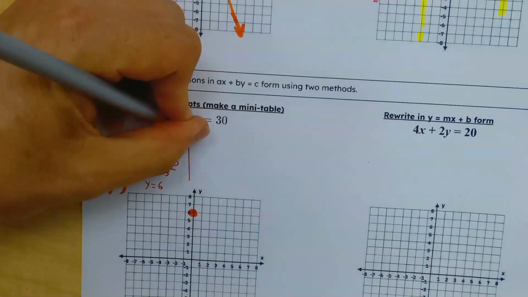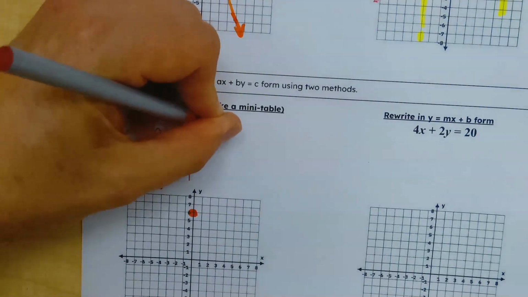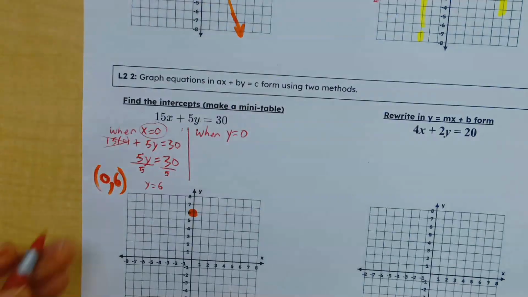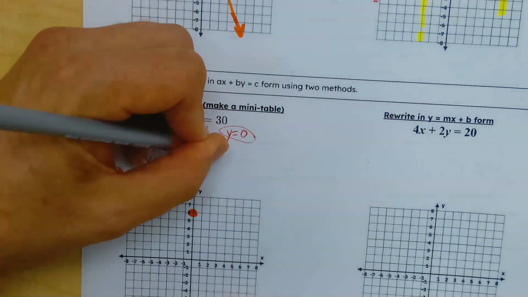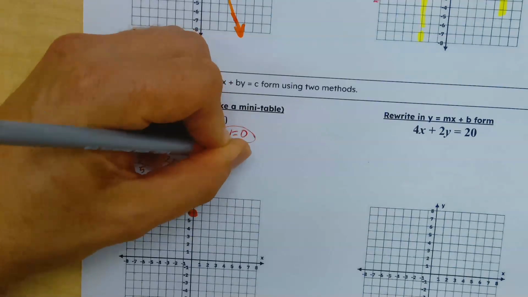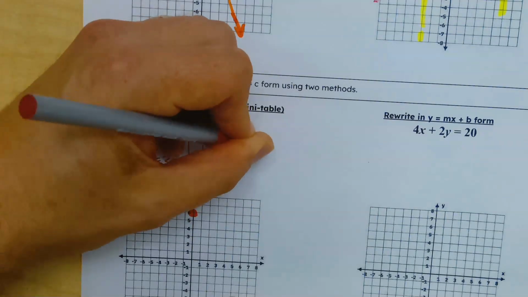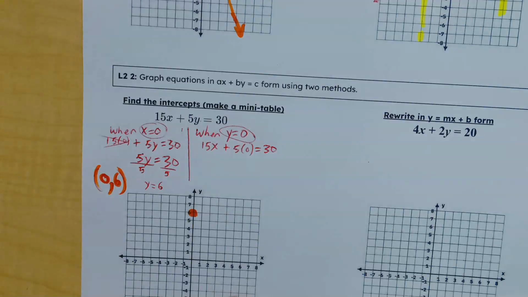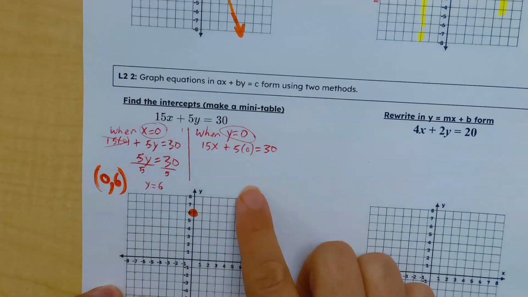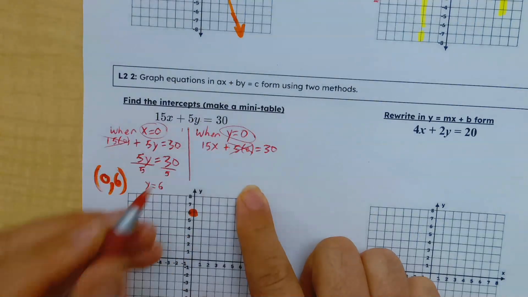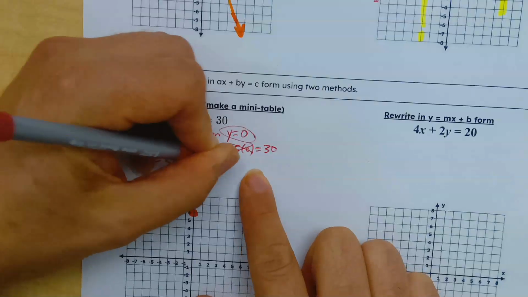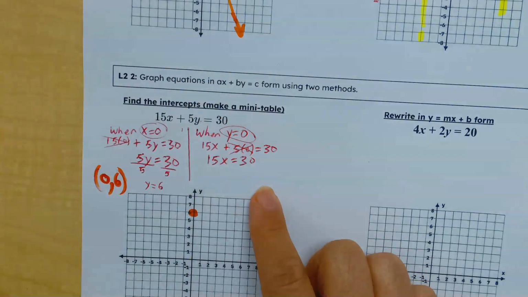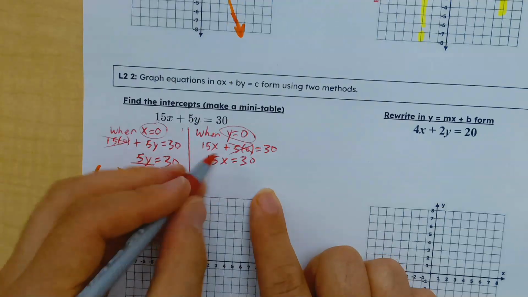Okay, and now let's find another point. So when y equals 0, if I'm going to make y equal to 0, then I have 15x plus 5 times 0 equals 30, and it's clever to make one of these equal to 0, because then this simply just cancels out, because 5 times 0 is 0. So now I have 15x equals 30. And now my only step is to divide by 15.